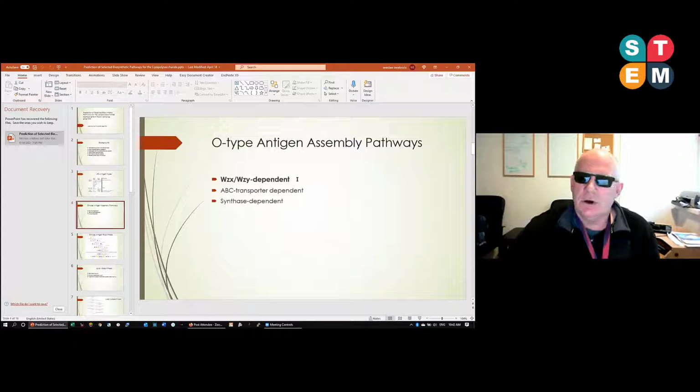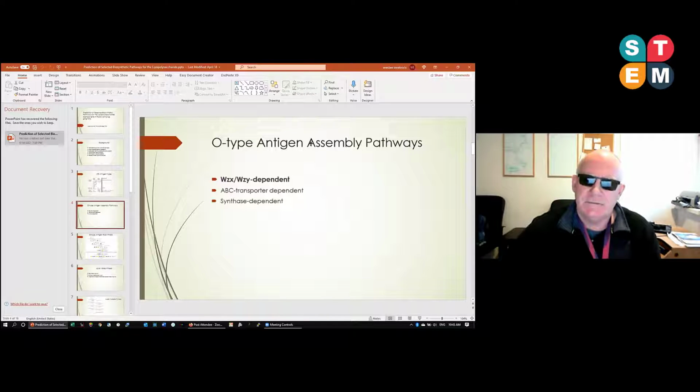So let's go to the O-type antigen. There are essentially 3 types of assembly pathways. They are differentiated by the type of enzyme which is used to flip the assembled antigen across the membrane.